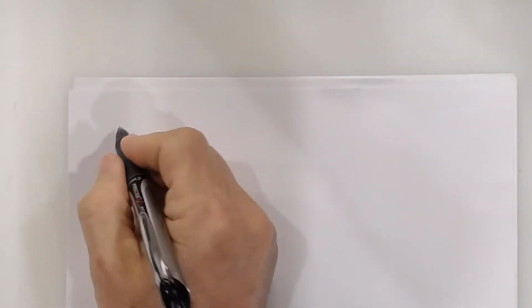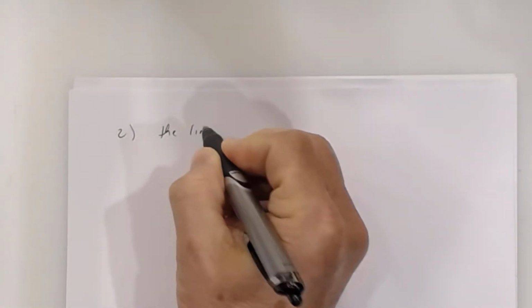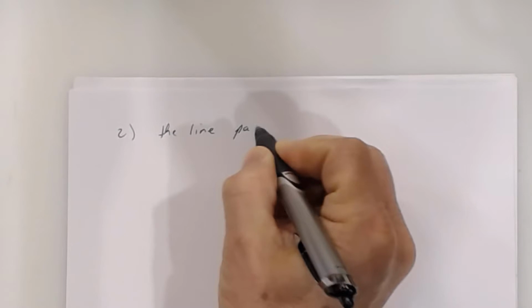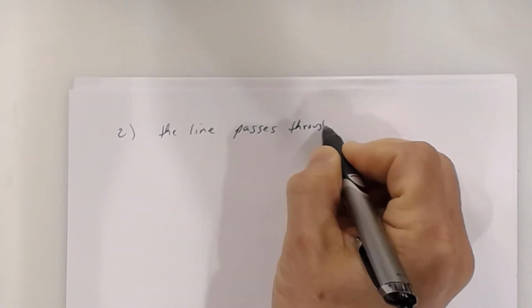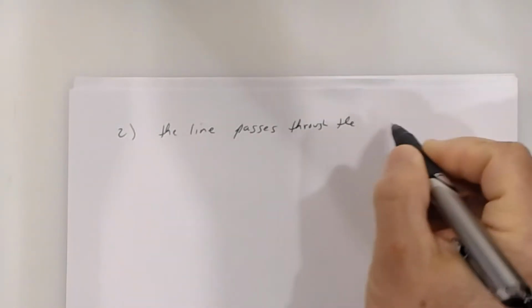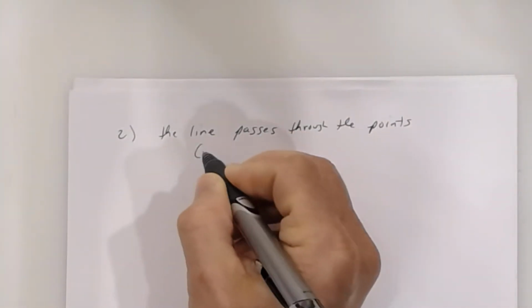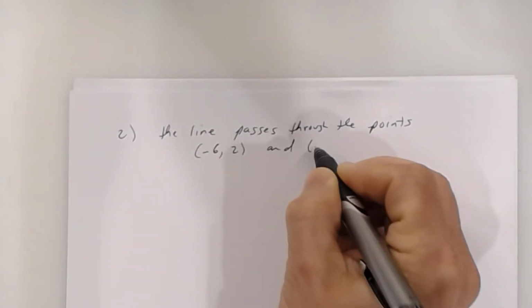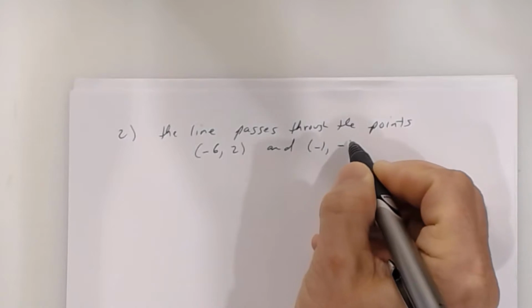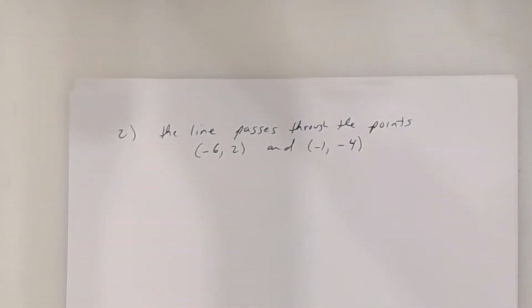The line passes through the points, and let's say my points are -6, 2, and -1, -4.